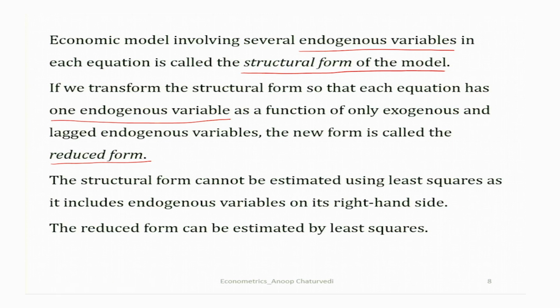So, if you directly apply the least square procedure, then you may get inconsistent estimators. On the other hand, if you transform this structural form into the reduced form, then each equation of the reduced form has just one endogenous variable, and you are expressing that endogenous variable as a function of predetermined variables, and those predetermined variables are uncorrelated with the disturbance term.